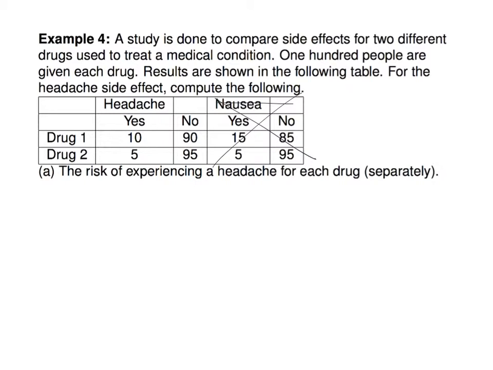So find the risk of experiencing a headache for each drug. For drug 1, what's the risk you have a headache? How many people got headaches? 10. Out of 100? So that's 0.1 or 10%.